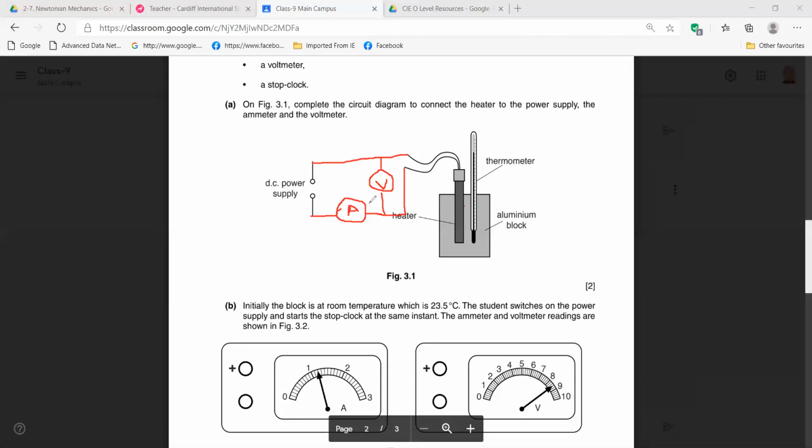And for the ammeter, only one end is connected to the heater, another end is connected to the power supply. That's why it is series. When the components are connected one after another, that is called series. And when both the ends are connected together with the component, that is called parallel. Is it clear? Yes, sir.